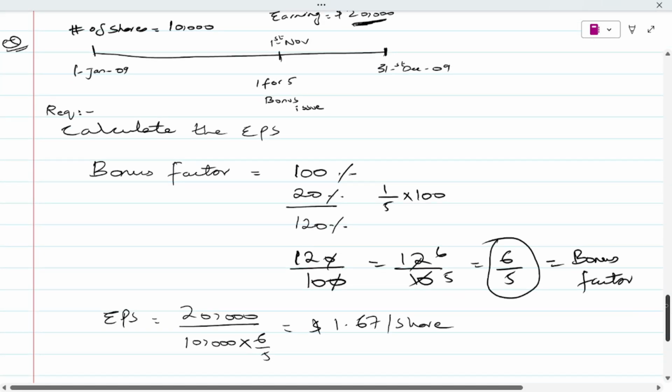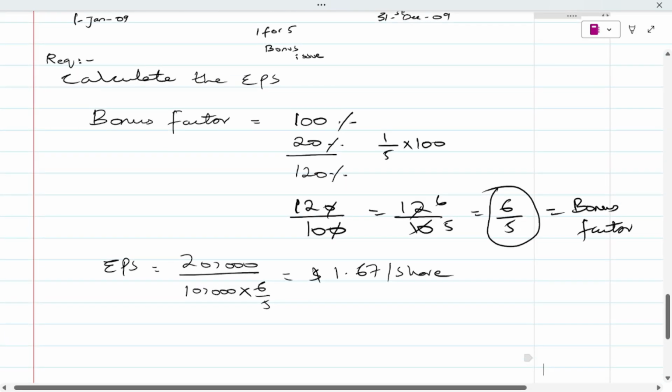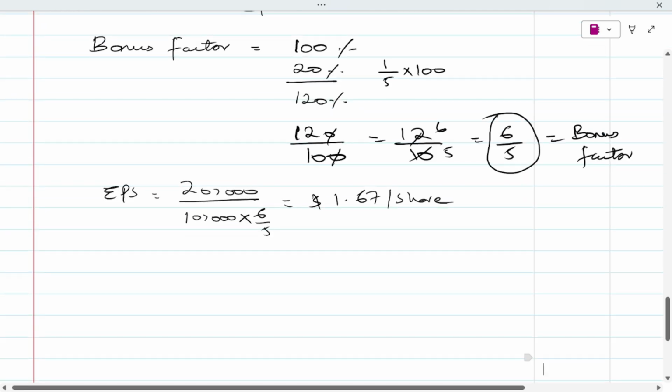We only adjusted the number of shares with the help of the bonus factor from the beginning of the year. We did not wait for 1st November to come and then do the adjustment. No, we adjusted it from the beginning. That's why we have an EPS of 1.67 per share, and this is exactly how you will be solving all your questions. I hope how to calculate the EPS in an example of bonus issue is now clear.